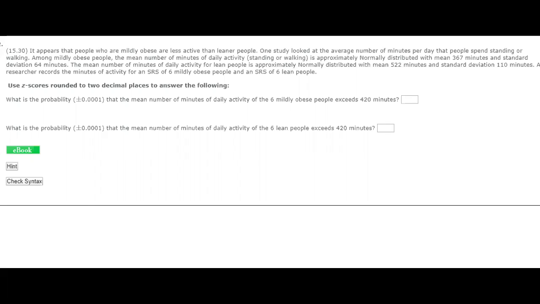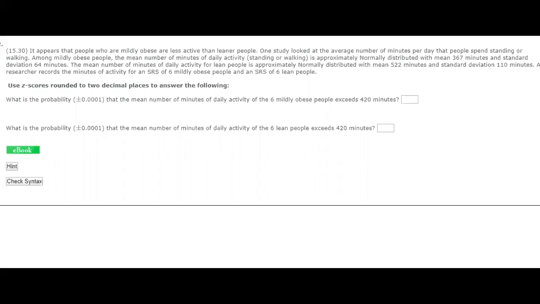What is the probability that the mean number of minutes of daily activity of 6 mildly obese people exceeds 420 minutes? And also, what is the probability that the mean number of minutes of daily activity of the 6 lean people exceeds 420 minutes?